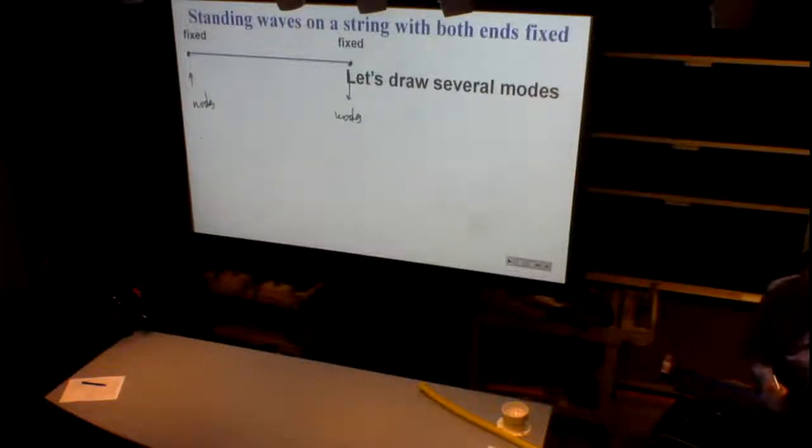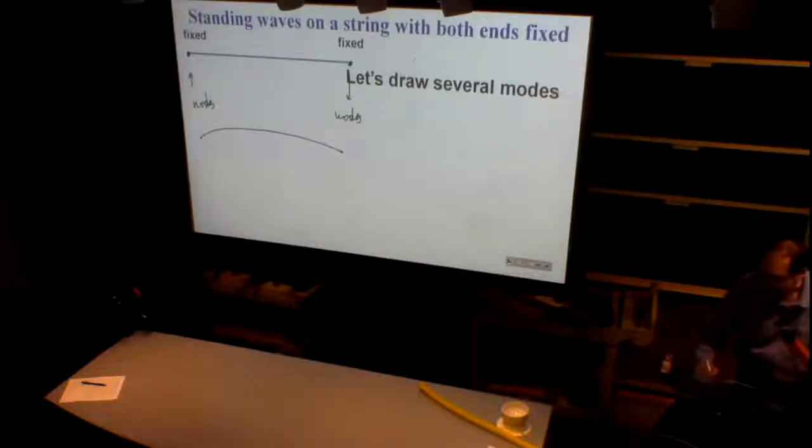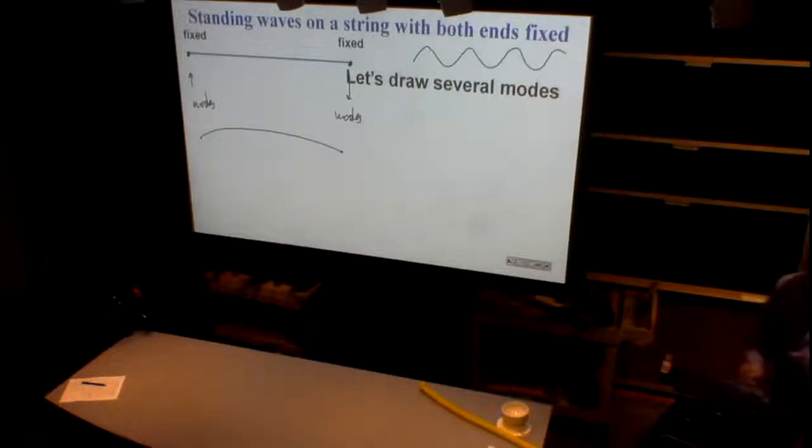The first profile would look like this. Well, again, we should keep in mind how any wave looks like, something like this. If the length of this string is L, this is not a length, this is not a wavelength, this is a half of it. L equals 1/2 of a wavelength.